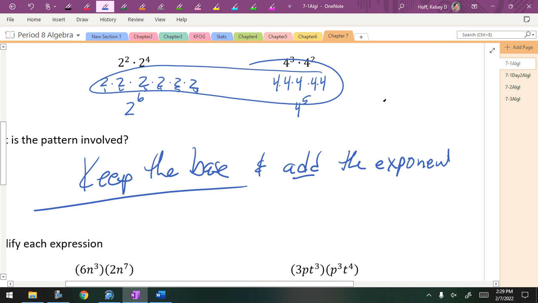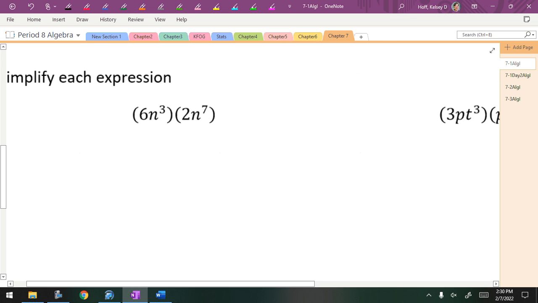When you multiply, you're actually adding the exponents because we have that many 2's or that many bases repeated. Okay? Keep the base. Notice we didn't take 2 times 2. We left it as a 2. I kind of like when Thatcher said it's like terms. We don't change that base x when we add them together. We leave it. So today we're going to simplify expressions.